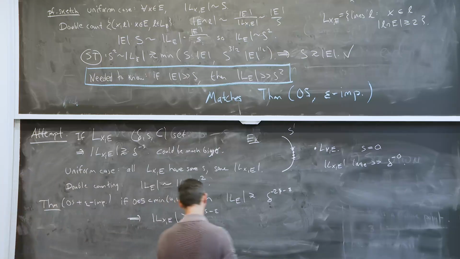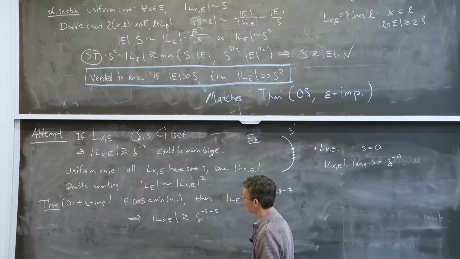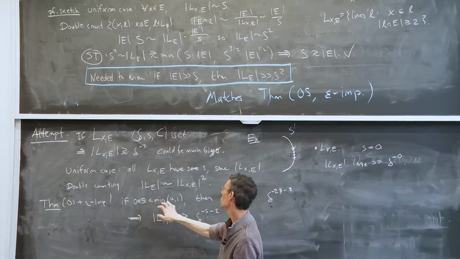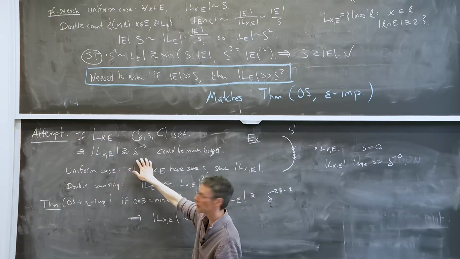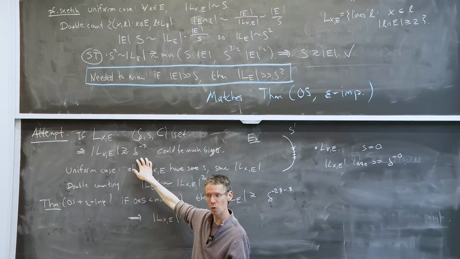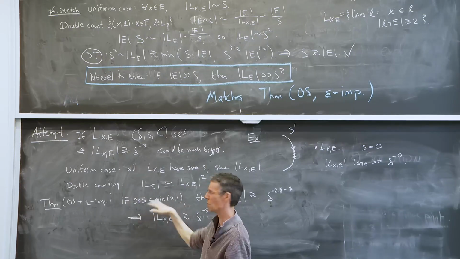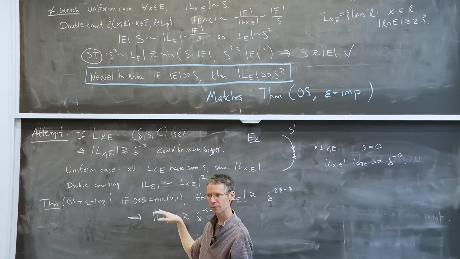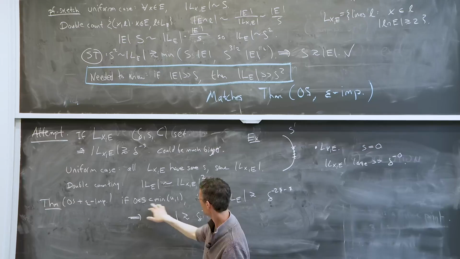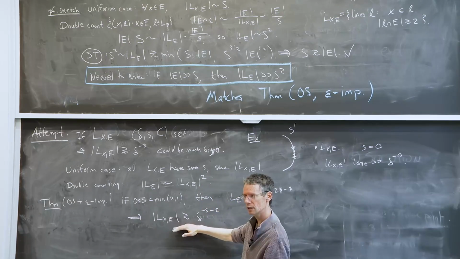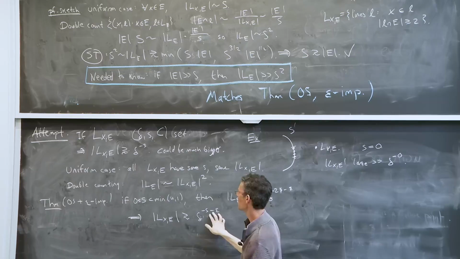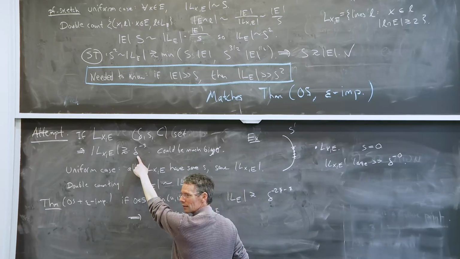OK, so let's take stock. If s were equal to the minimum of u and 1, then L_x^E would be at least delta to the minus s. That would be the bound we want to prove. So in that case, we would be very happy. OK, now suppose s is in this range. Well, then we get this bound. This bound is a tiny bit better than this bound.